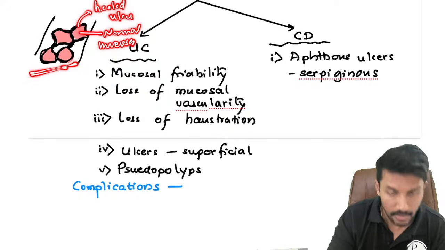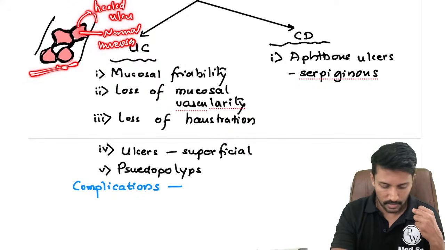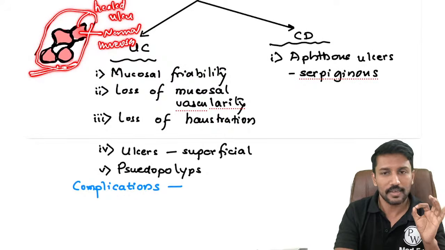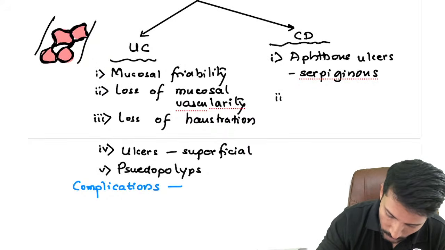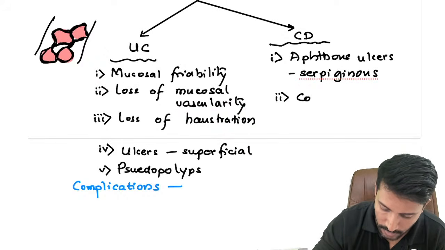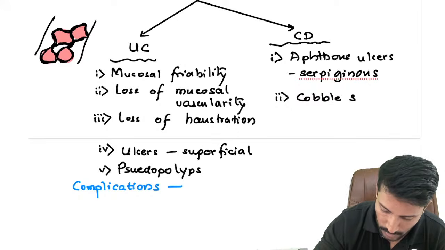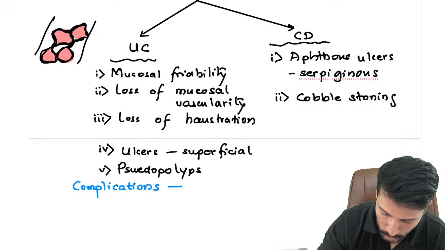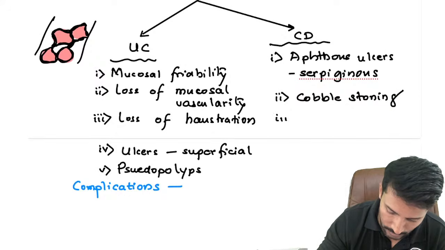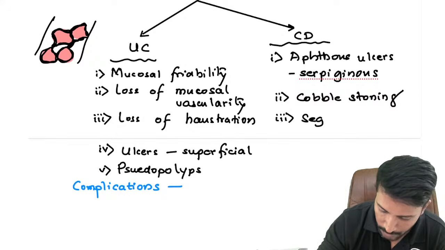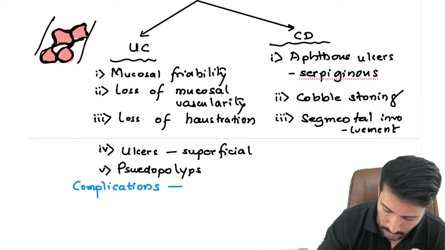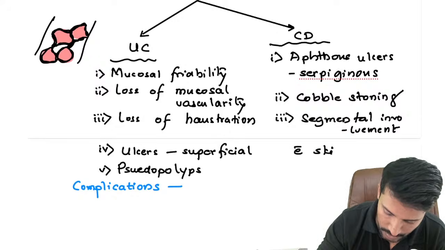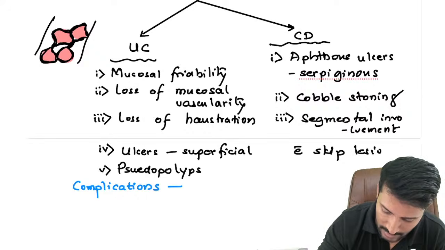So this under the endoscope looks like cobblestoning, right? The second thing I can notice in Crohn's disease under the endoscope is cobblestoning. Third, there will be segmental involvement, meaning some segments are affected, as we have already discussed, with some regions not affected, so we call them skip lesions.